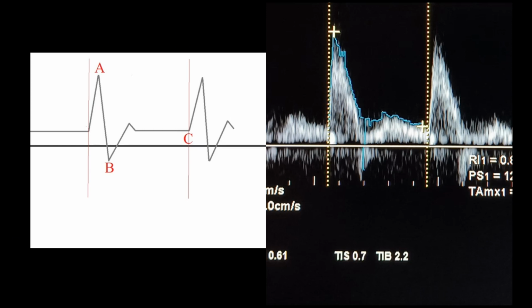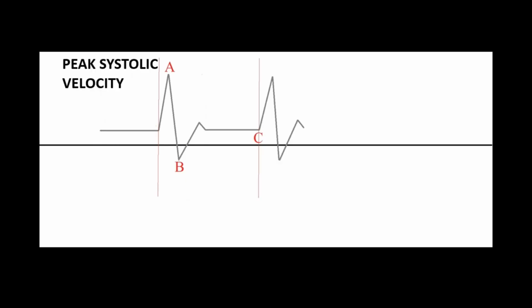There are certain parameters that can be used for quantitative assessment of the resistance to flow, and these parameters can be calculated based on these 3 points on the waveform. Point A is the peak systolic velocity.